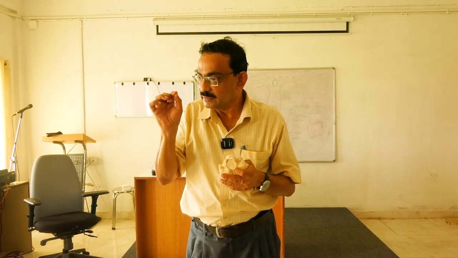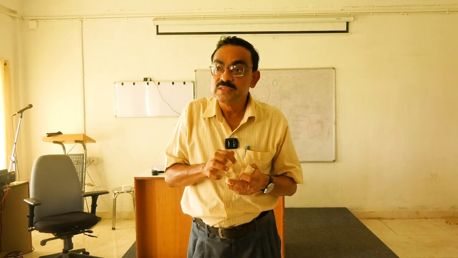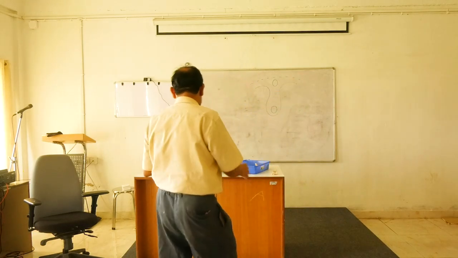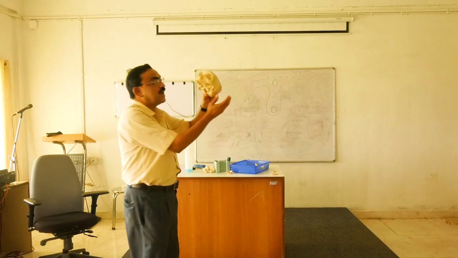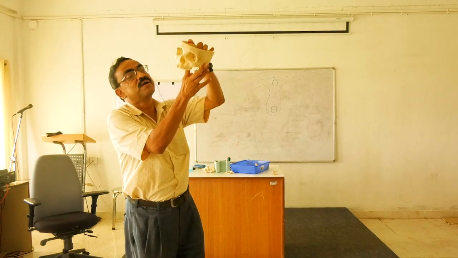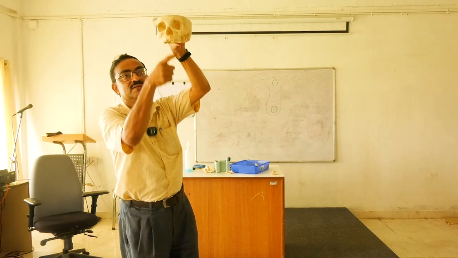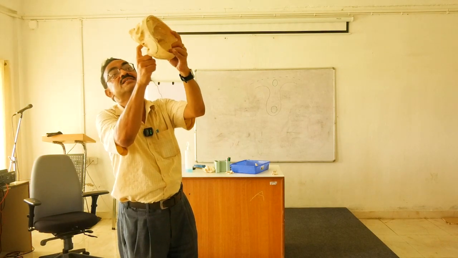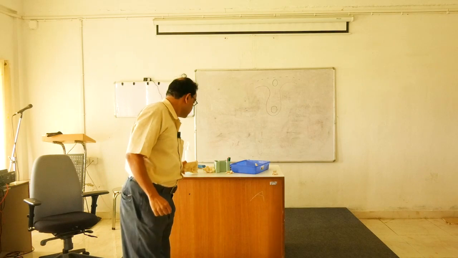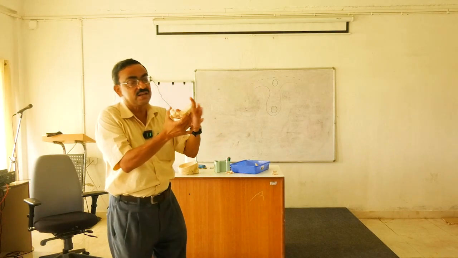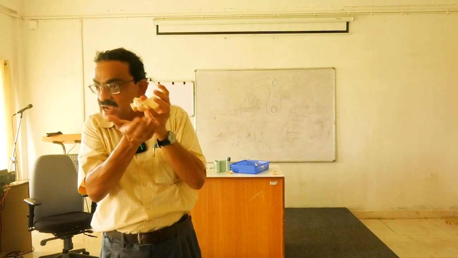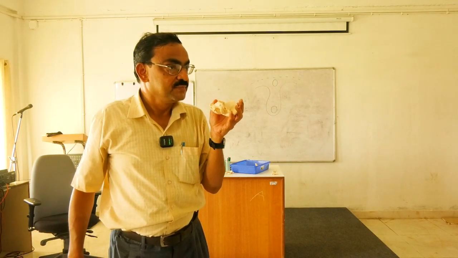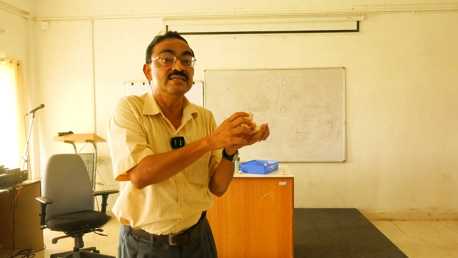This is called the pharyngeal tubercle because this forms the roof of the nasopharynx. This is called the pharyngeal tubercle and it is covered with mucous membrane. And the pharyngeal tubercle is very important.